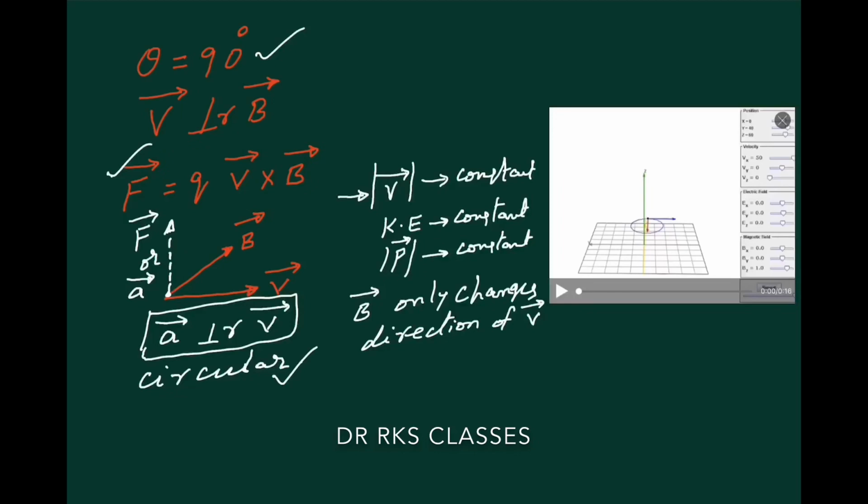One important point to note: when a charged particle enters perpendicular to the magnetic field, the magnitude of velocity remains constant, the kinetic energy is constant, and the magnitude of momentum is constant. What changes? The magnetic field changes only the direction of velocity, because according to the work energy theorem, F dot v is 0, since force and velocity are perpendicular. These are very important points you can note down.